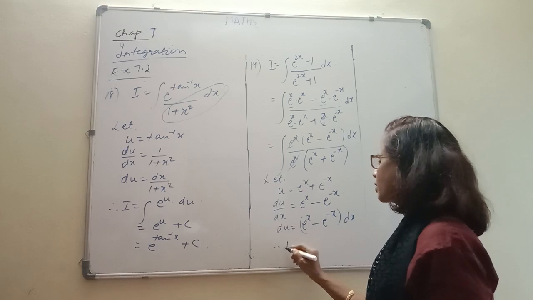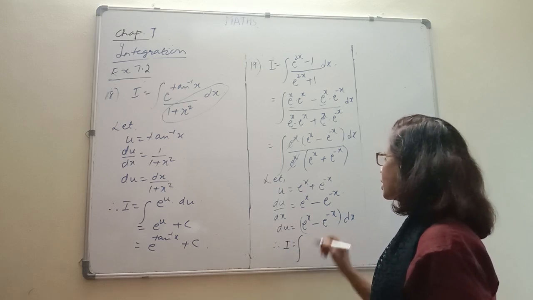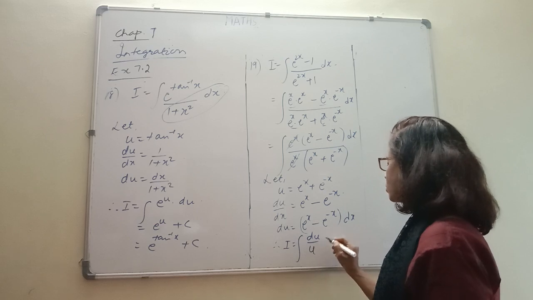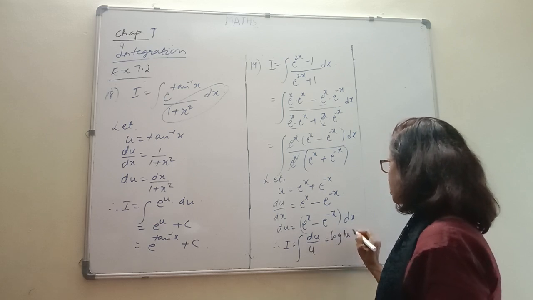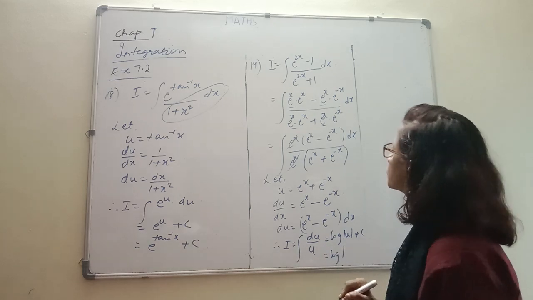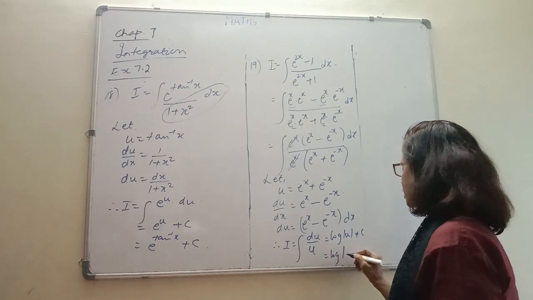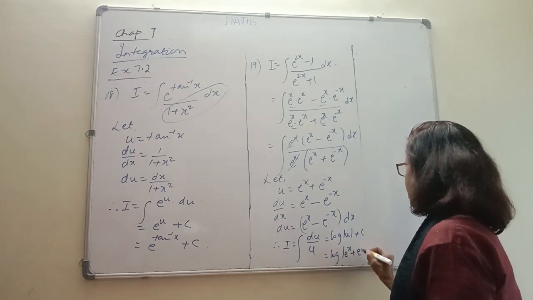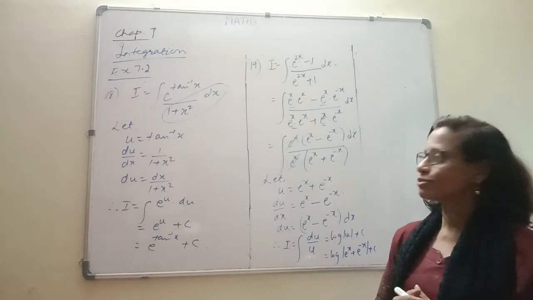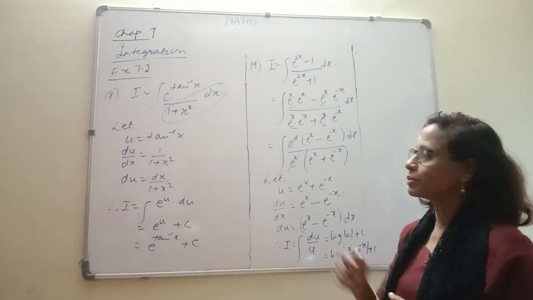So finally your I is going to be, this whole thing is du and the denominator is u. So it's just log modulus u plus c, and log modulus u for us is log modulus of e raised to x plus e raised to minus x, plus c. As simple as that. So that's the 19th problem.